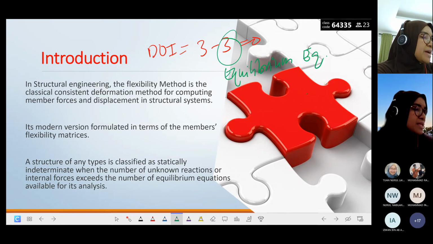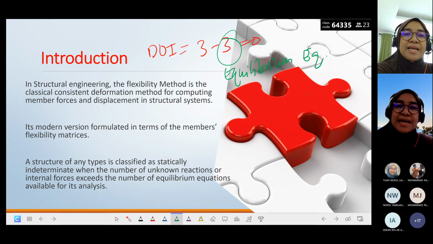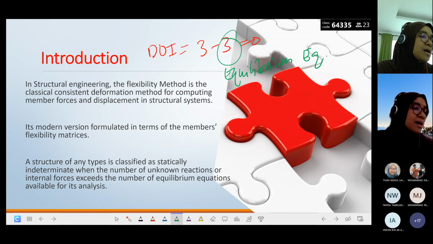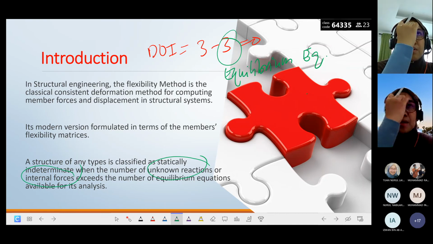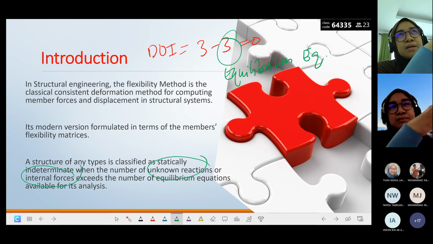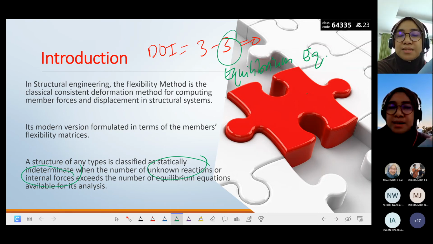Okay, so a structure of any type is classified as statically indeterminate when the number of unknown reaction or internal forces. Kat sini ada mention unknown reaction or internal forces. For beam and frame, we just need to consider the number of unknown reaction by identifying number of unknown reaction from the support system.